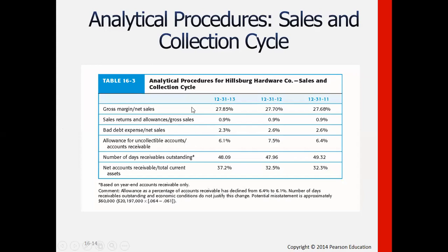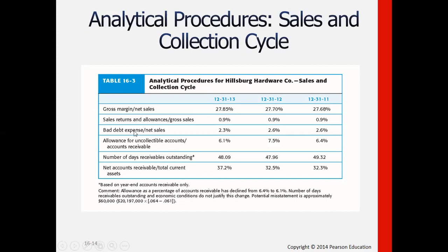And then we notice that there have been changes in the gross margin or net sales, probably because of some returns and allowances, and we will never know if there are also discounts. But we can notice that the change, for example, for gross margin is just a matter of point 0 something in percent. So that's going to be okay or fine.